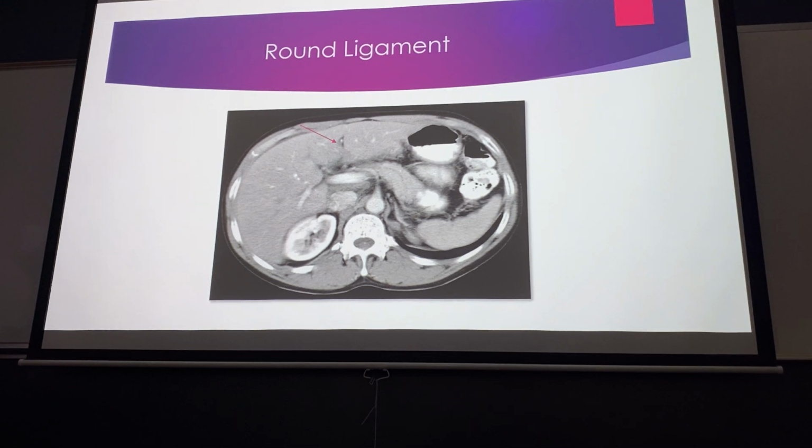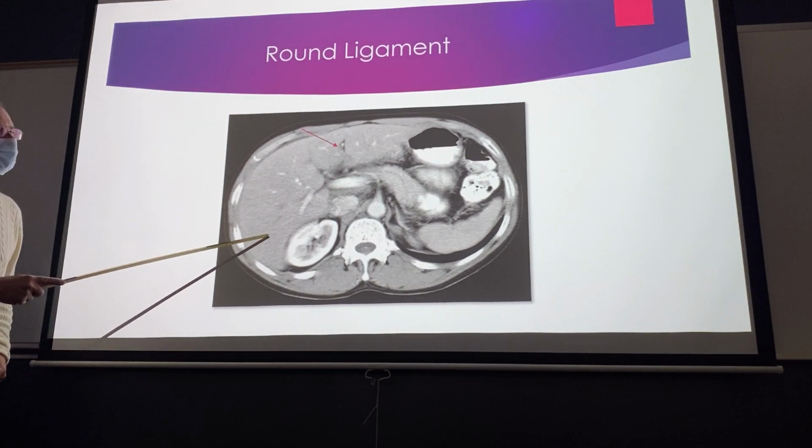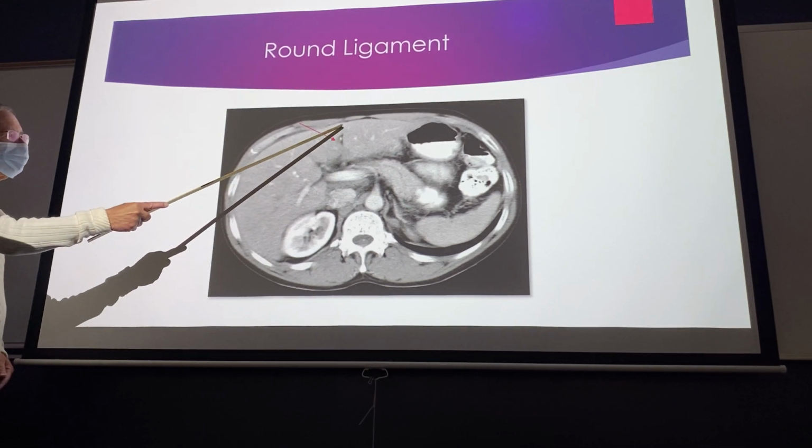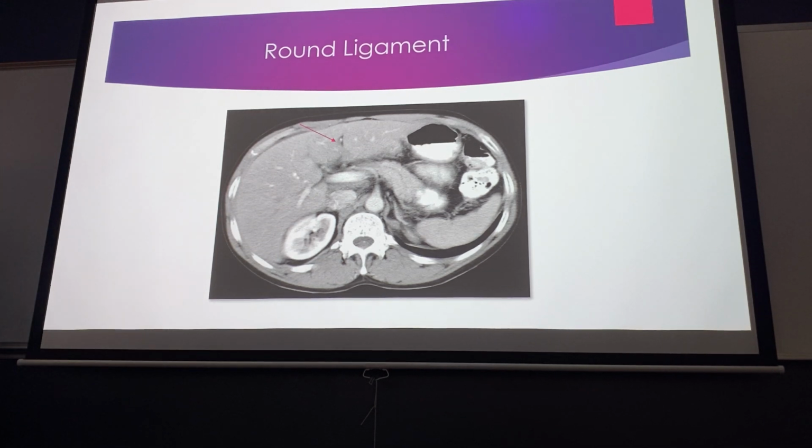So when you look at the liver itself, say on a CT scan, what you have is what appears to be a fissure, and then in this one example, a small dot.